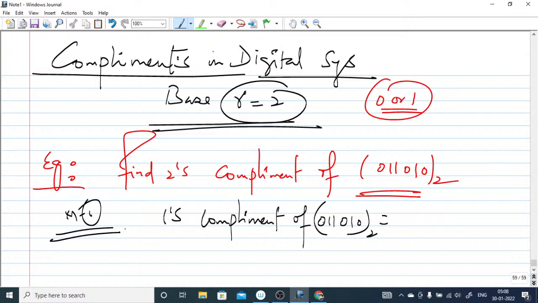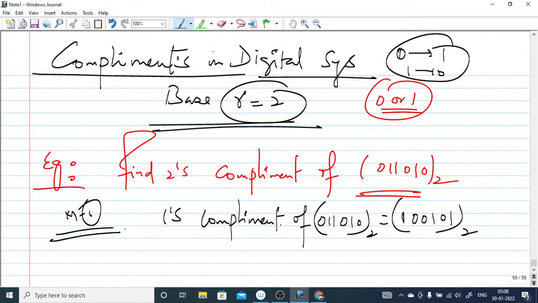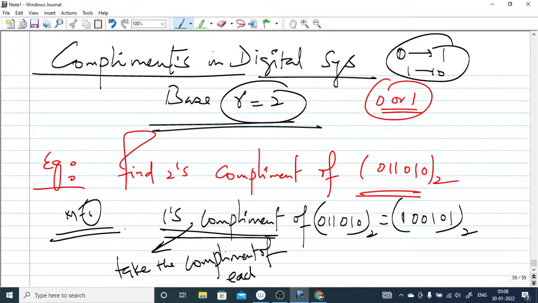The complement of 0 is 1, the complement of 1 is 0, right? That's it. So this will be 1 0 0 1 0 1. This is the 1's complement. Take the complement of each bit, that's it.